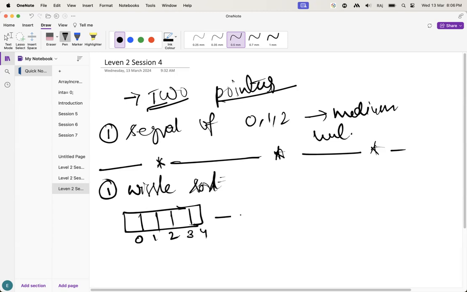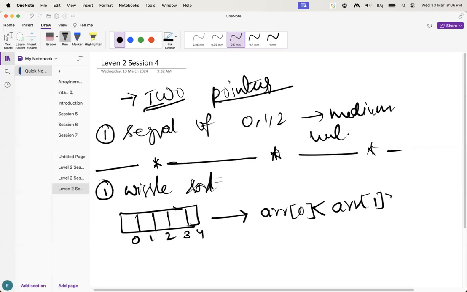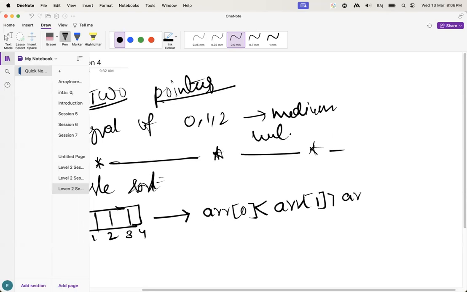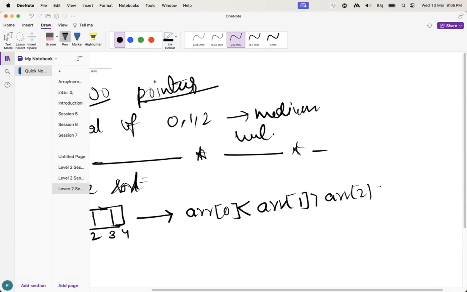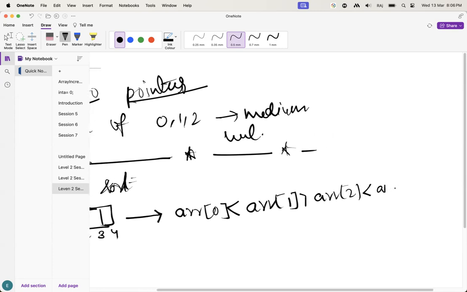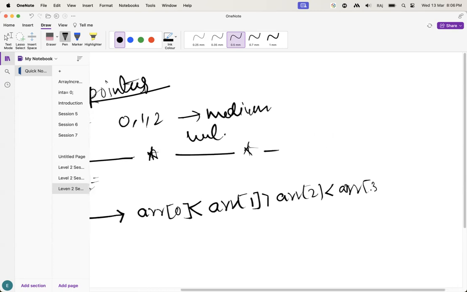Let's suppose these values are supposed to be in this order: array of 0 less than array of 1, greater than array of 2, and again less than array of 3, and so on.